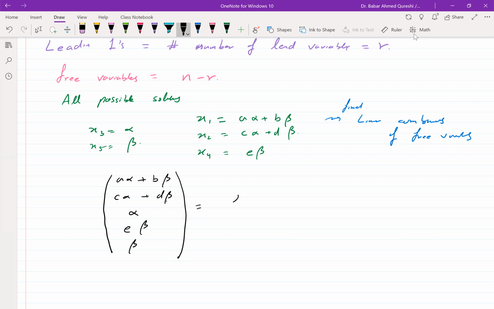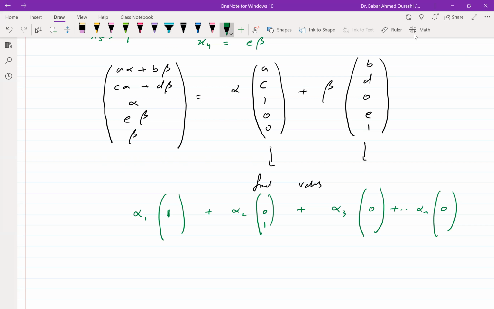When I separate out these alpha ones, I will have a 1 at a particular spot. So if it's the third variable which is free, I will have a 1 at the third spot, and in the rest of them, I will always have a 0. And then, for example, if the sixth variable is free, I will have a 1 corresponding to alpha 2, and zeros at the other spots.